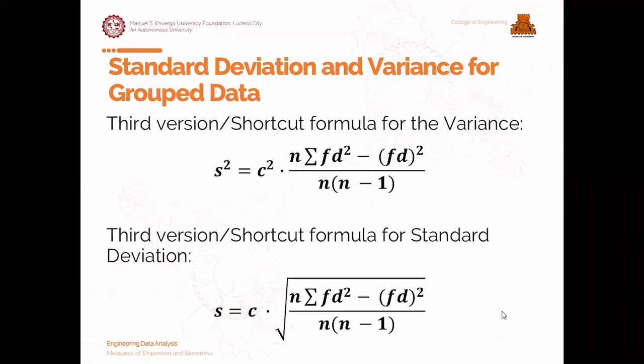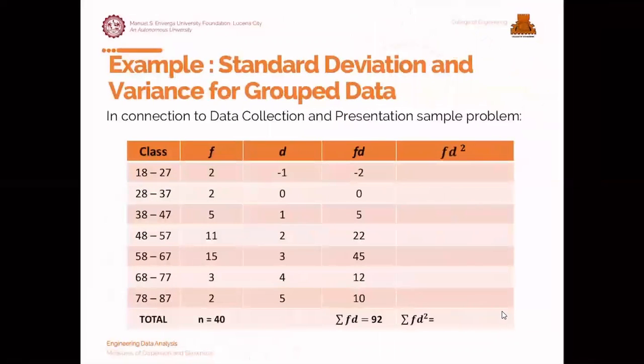Sige, apply natin sa formula para ma-refresh kayo. Let's say, same data tayo, pero ngayon mag-assume tayo ng mean class natin. Ang mean class natin dito is yung second class, kaya dito nilagay yung 0 ng deviation.